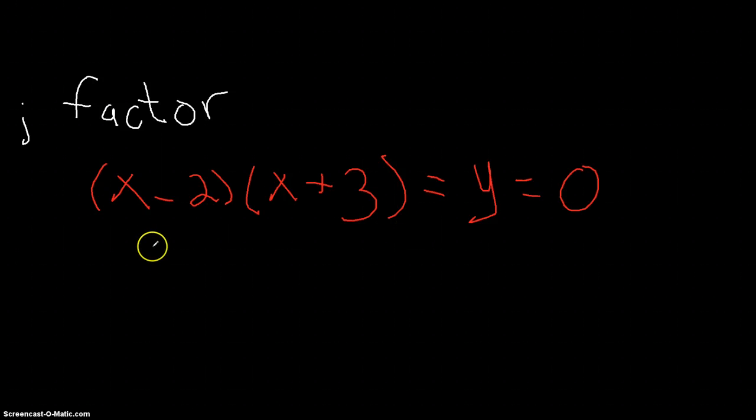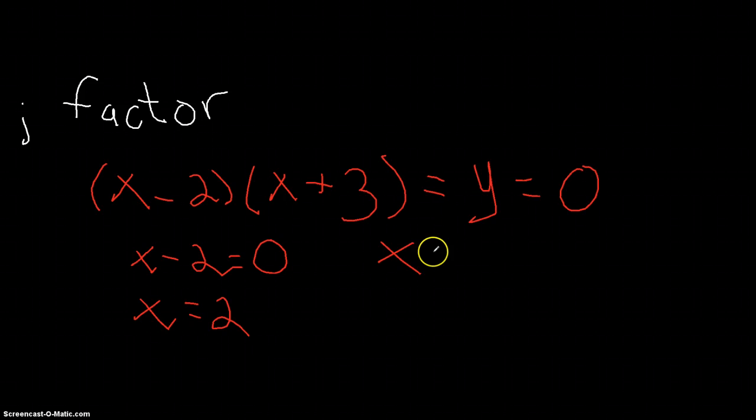So we set both of these terms equal to 0 and solve for x. That means x equals 2 would be an x-intercept, so when y equals 0, x would equal 2. And then x plus 3 equals 0, and we would get x equals -3.